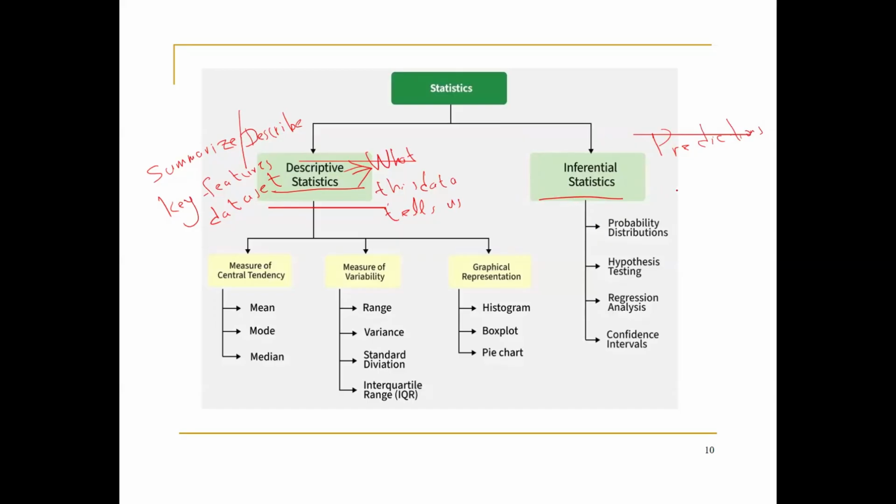We have a large data set, which we call the population. From this population, we take a sample, and using this sample, we try to make predictions about the population.